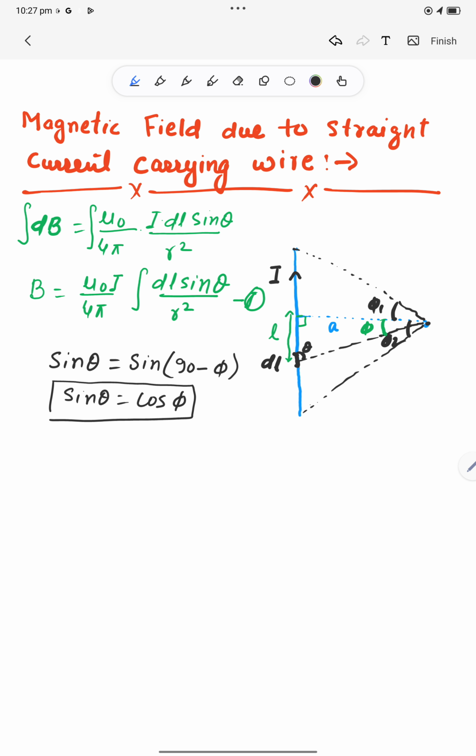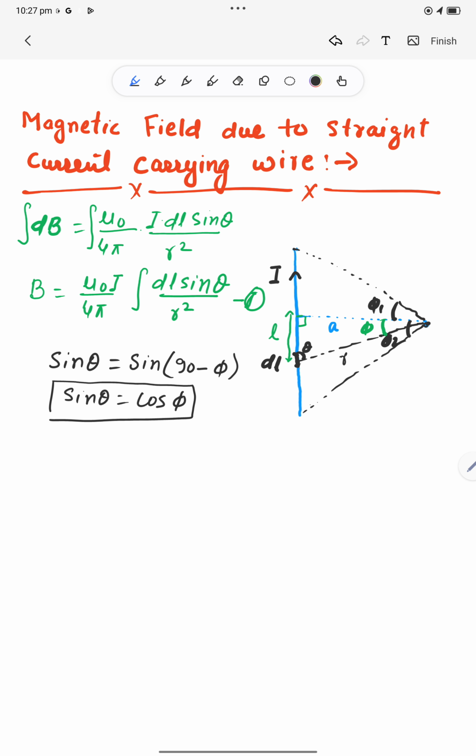Another variable is r, the distance between dl and this point, and we want to convert this r into the term of phi. The other quantity, small a, will always be constant. It will not depend on the length or the position of dl. This perpendicular distance is fixed for this point and this conductor.